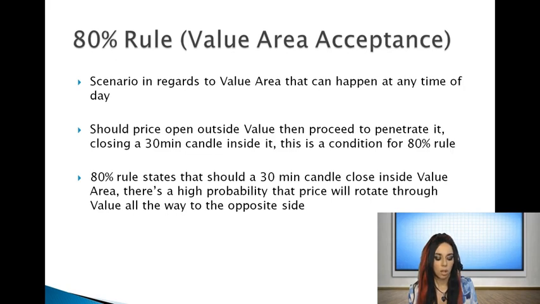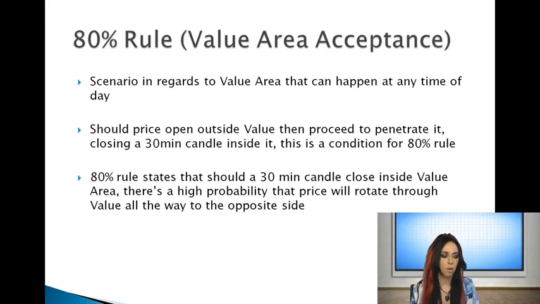I'm going to talk, like I mentioned, about value area acceptance, okay? So what is that? It neatly brings me to a possible condition that Jim Dalton himself calls the 80% rule. However, the 80% rule isn't really automatically an 80% rule because there are so many factors that determine whether this particular market behavior will be relevant or not.